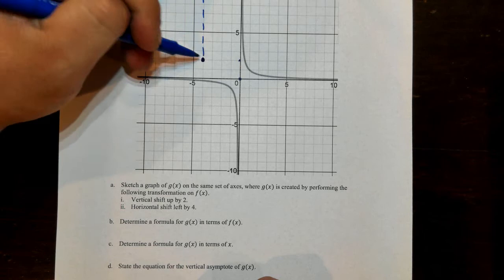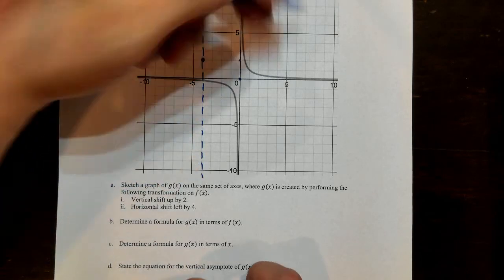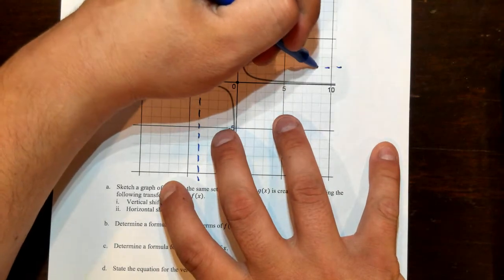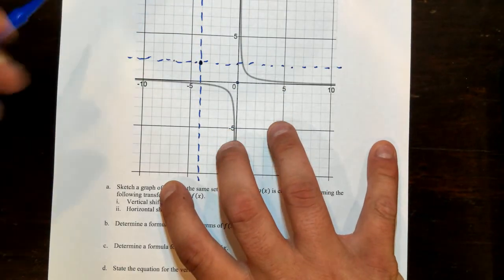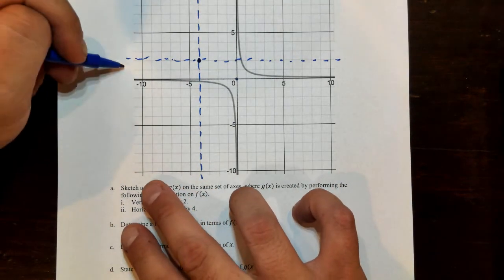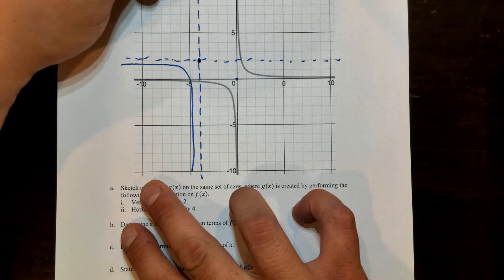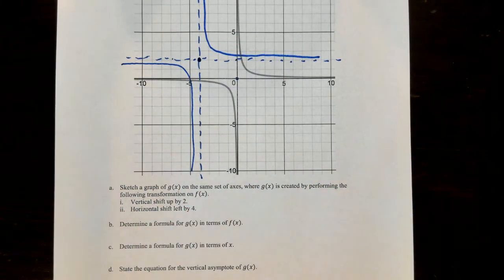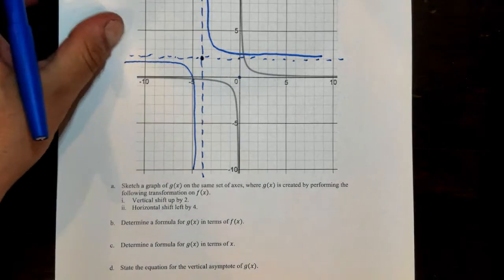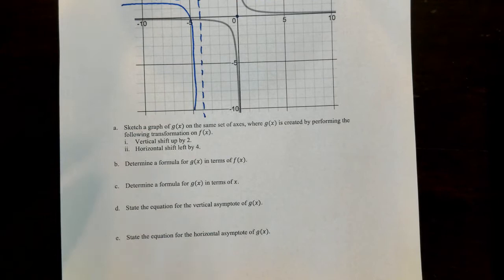So our vertical asymptote is here at x equals -4, and our horizontal asymptote is here at y equals 2. So if I were to sketch this, it would just be something like this, like that.